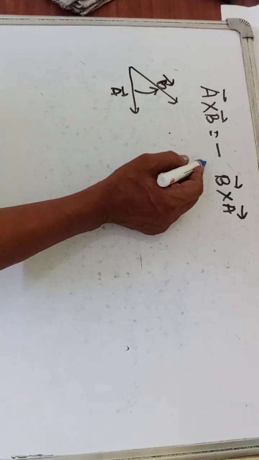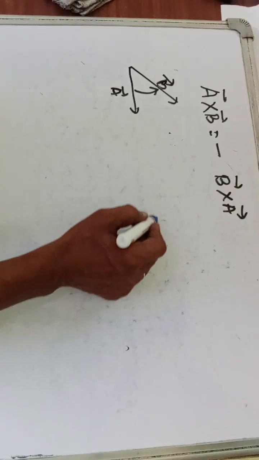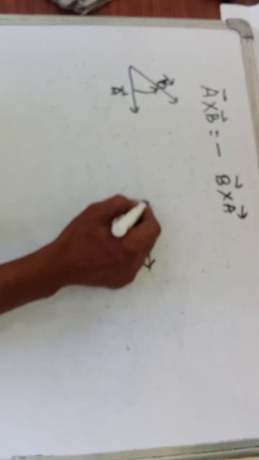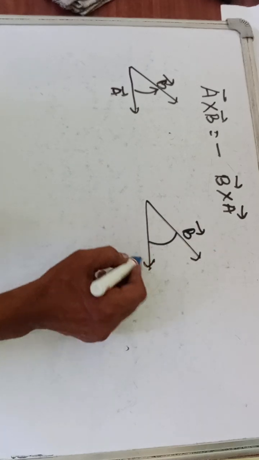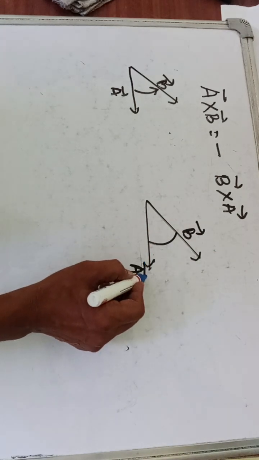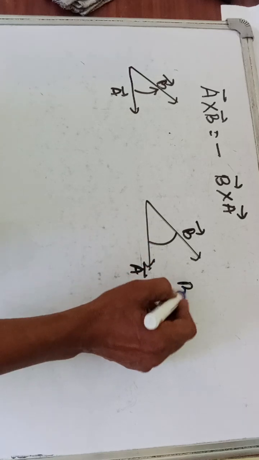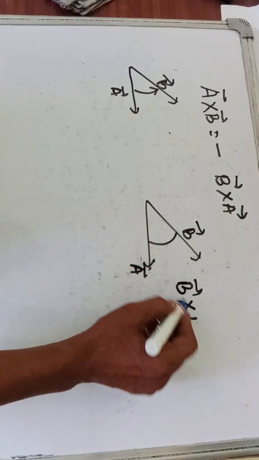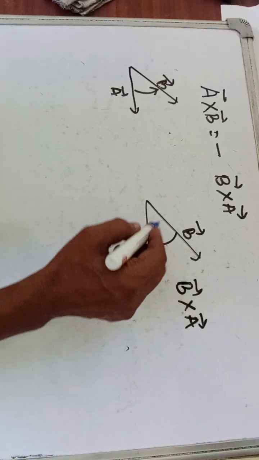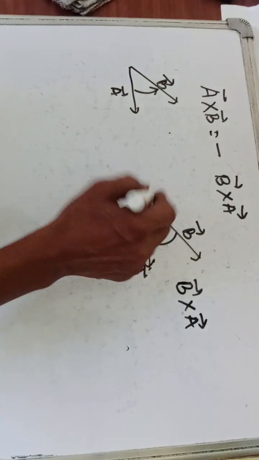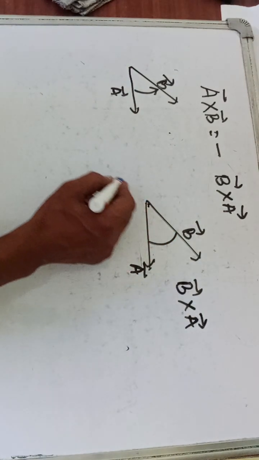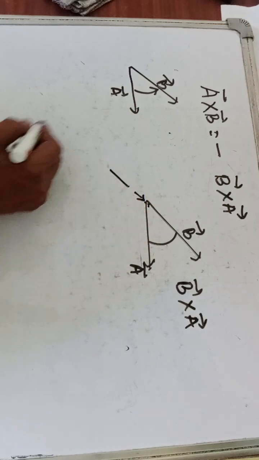Then B cross A: suppose this is B, this is vector A, then B cross A will again be a vector, but the direction will be entering this board.